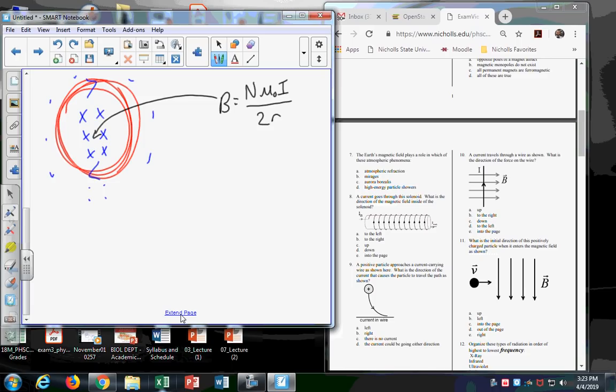N is always a solenoid, because solenoids usually have multiple turns. That's really all I can ask, just those two. So right-hand rule, and then knowing which is the right equation, and realizing what those are. N is the number of turns, mu naught is your permeability of free space, I is your current, and R is the radius of that coil. Okay? Is that clear?